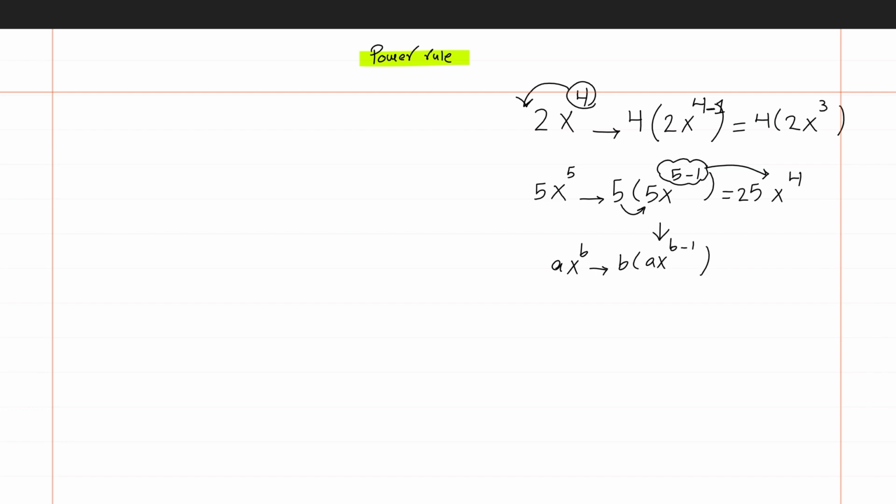In explaining why this works, we'll revisit the definition of the derivative. The derivative is the limit as delta x approaches 0 of f of x naught plus delta x minus f of x naught, all over delta x. Well, let's differentiate y equals x using this formula.